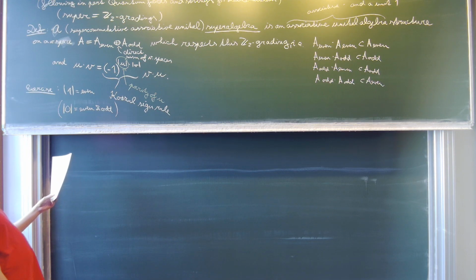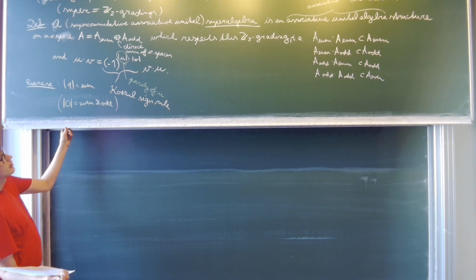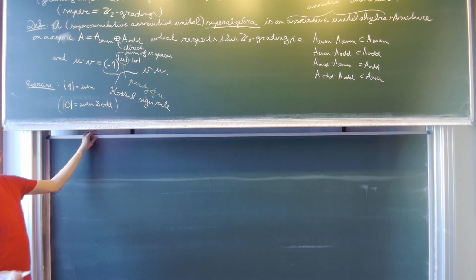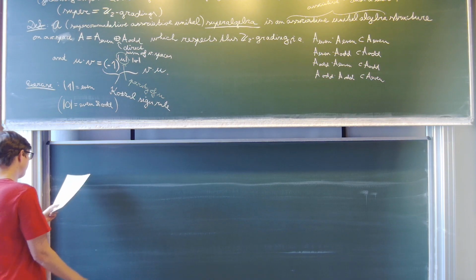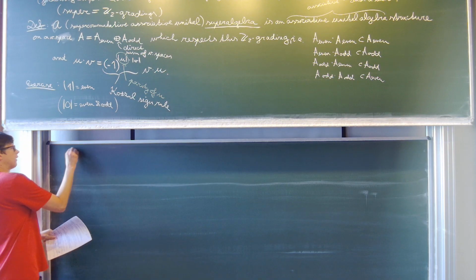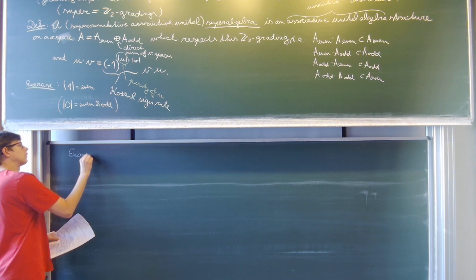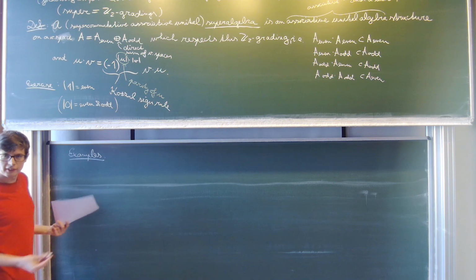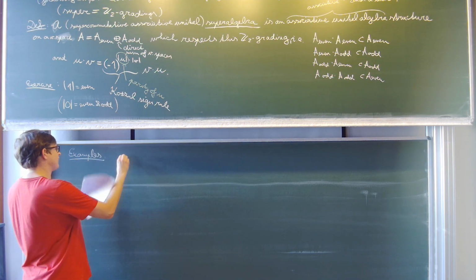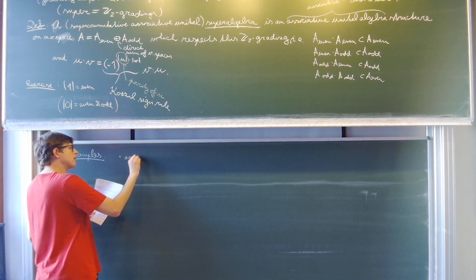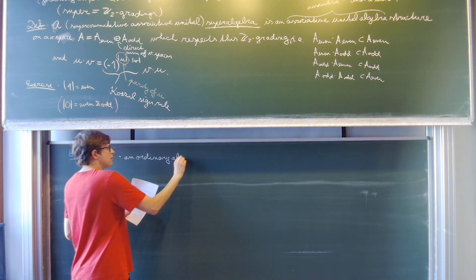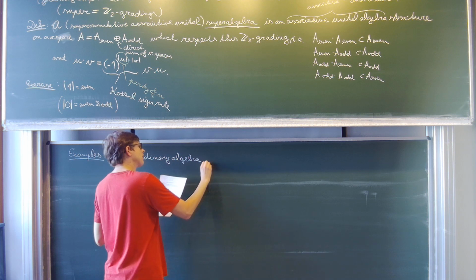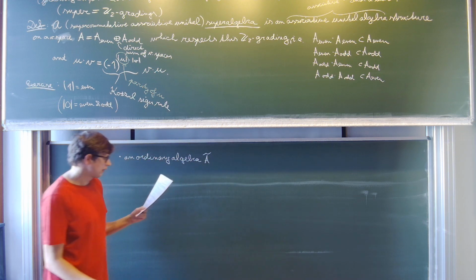Right, so we define what a superalgebra is. It looks like an algebra, but it's super, so it has a Z2 grading and graded commutativity. So what are a bunch of examples? Well, the zero algebra. More generally, an ordinary algebra A tilde, associative unitary.